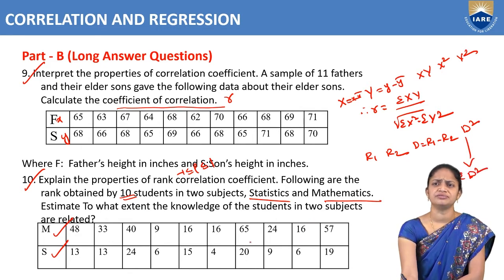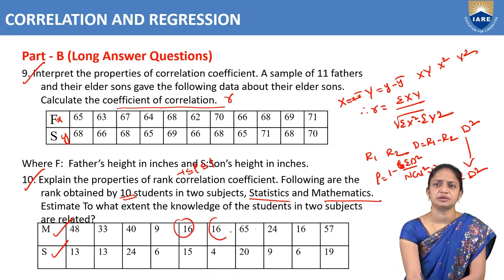But here, if the ranks are repeated, we have to use one more formula. Otherwise, we use rho equal to 1 minus 6 sigma d square by n into n square minus 1. But here the ranks are repeated, no?